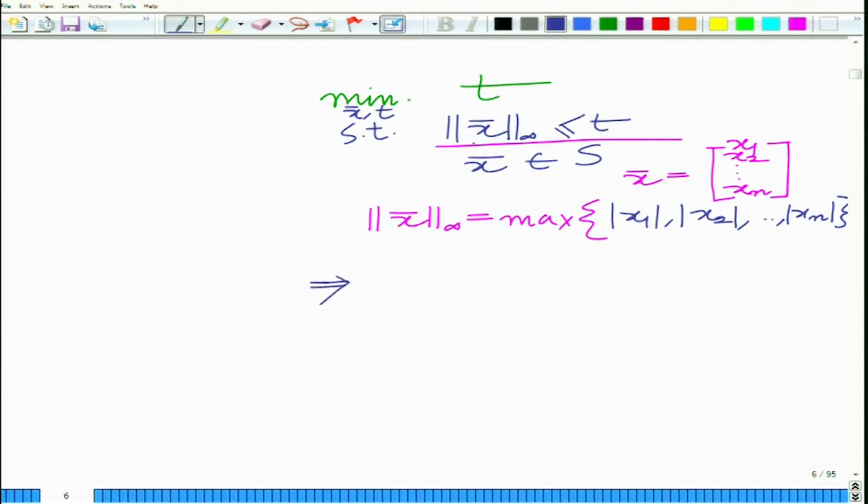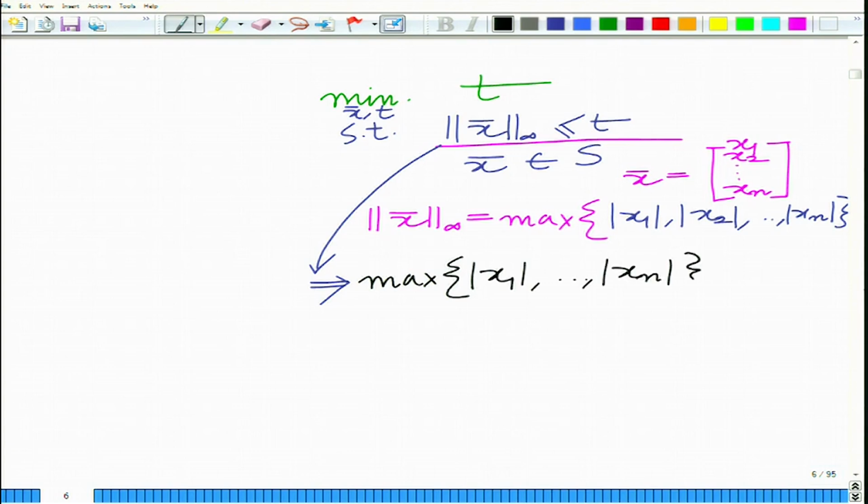So, this constraint implies that the maximum of magnitude of x1 up to magnitude of xn is less than or equal to t. Now, the maximum of n quantities is less than or equal to t only if each of the quantities is less than or equal to t.